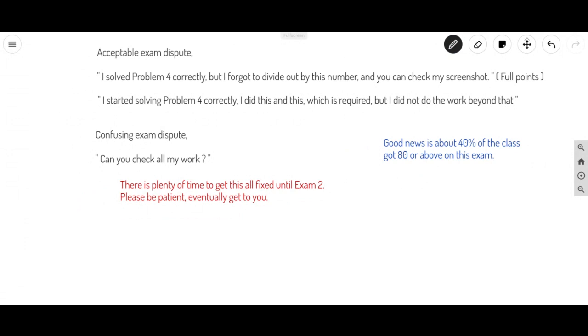So the good news is people did very well in this exam. And this is kind of funny, by the way: I'm not surprised why people did very well, because almost every single person in this class is a computer science student.